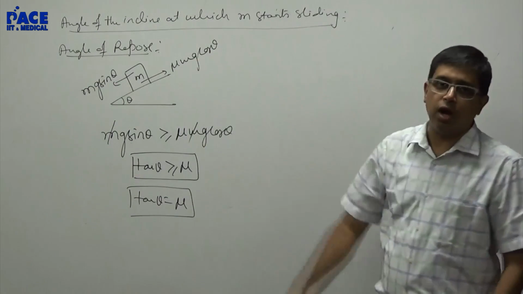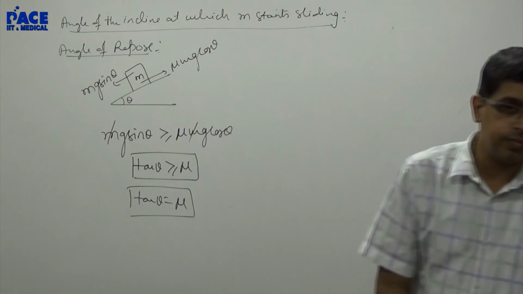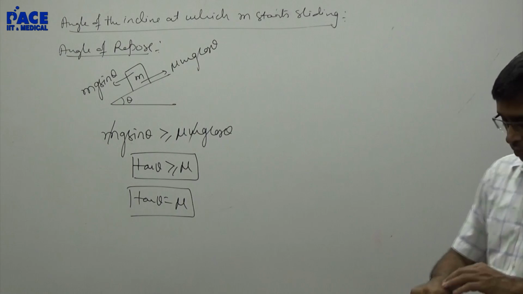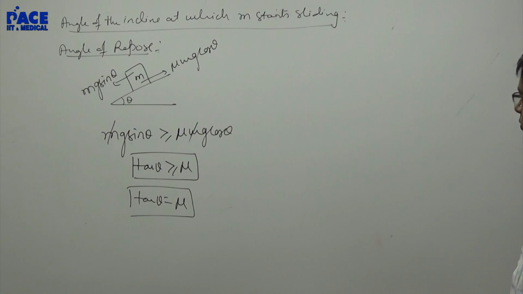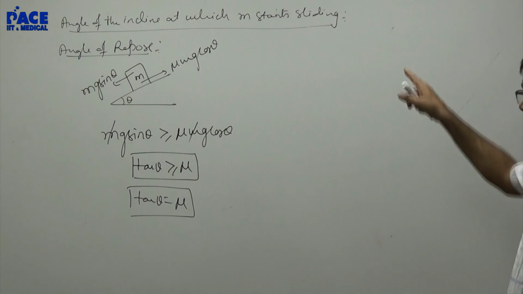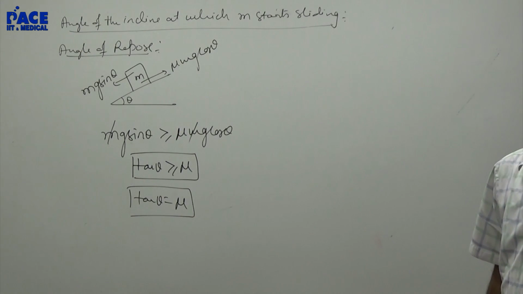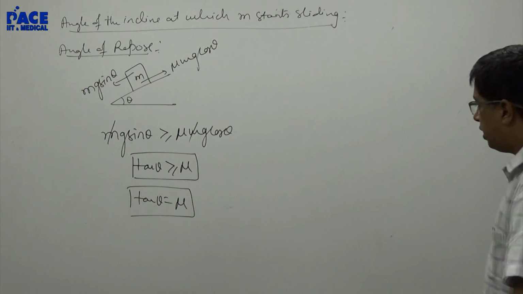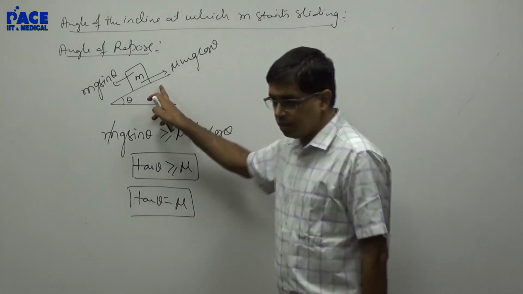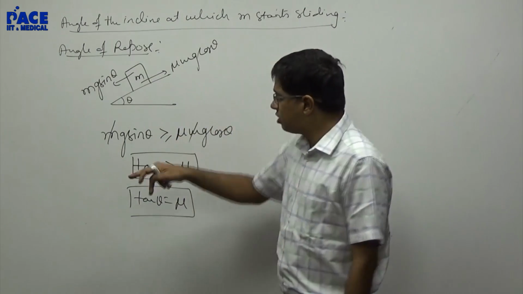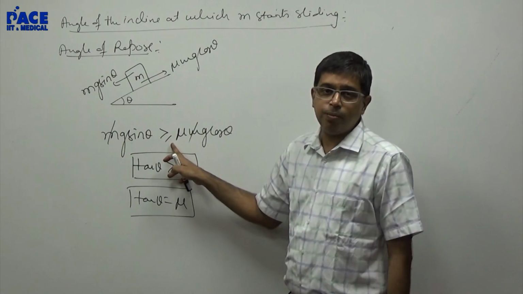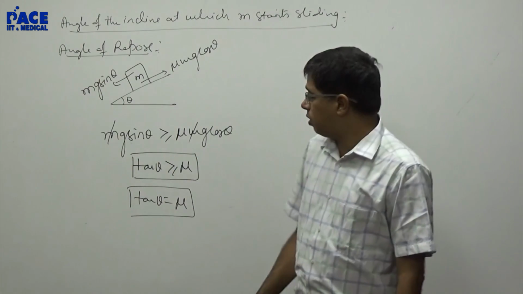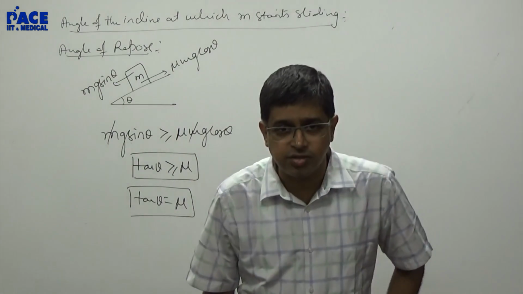That angle is called the angle of repose. See, it just starts sliding. It is as good as staying at rest. The next instant it will start sliding. That's why I put the condition greater than or equal to mu mg cos theta.